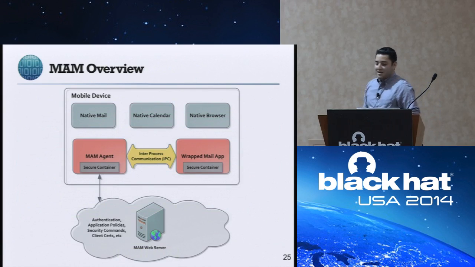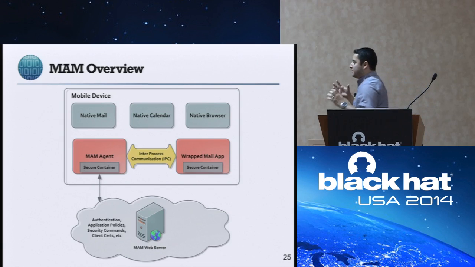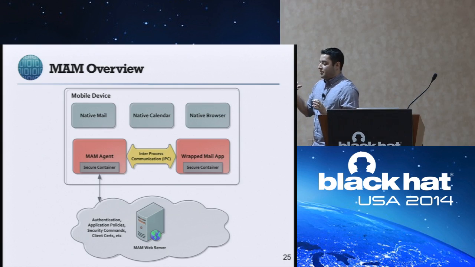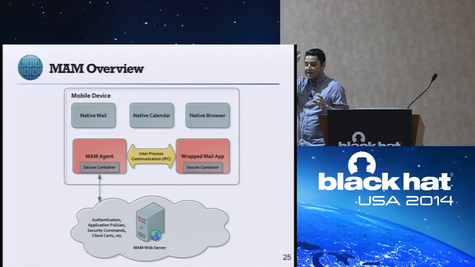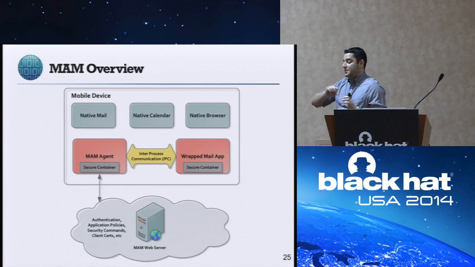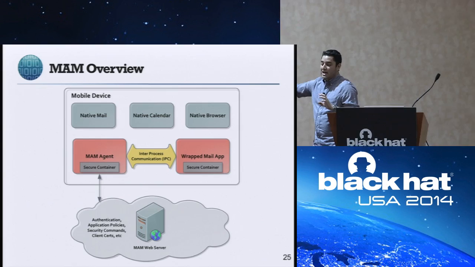So another high-level overview, right? Just so you get the big picture here. In the MAM world, you're going to have your native apps, your native mail app, your calendar app. That's for your personal use. Great. But then for all the enterprise data or your organization data, you're going to have the MAM agent, and then you're going to have wrapped managed apps.